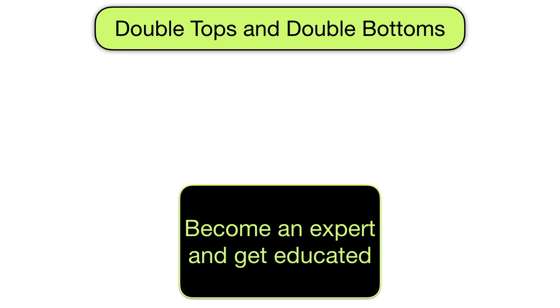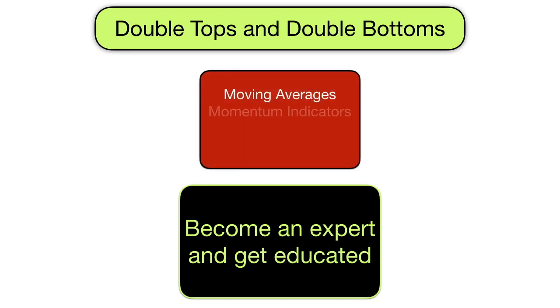So now we're going to have a look at some examples, and you'll probably have noticed that there are quite a few elements to take into consideration for these trades. Trading's an art and a science, and it requires a good education in order to understand it properly and be able to trade successfully. We've discussed moving averages, momentum indicators, the analysis of candlesticks and price action, all of these in this video so far.